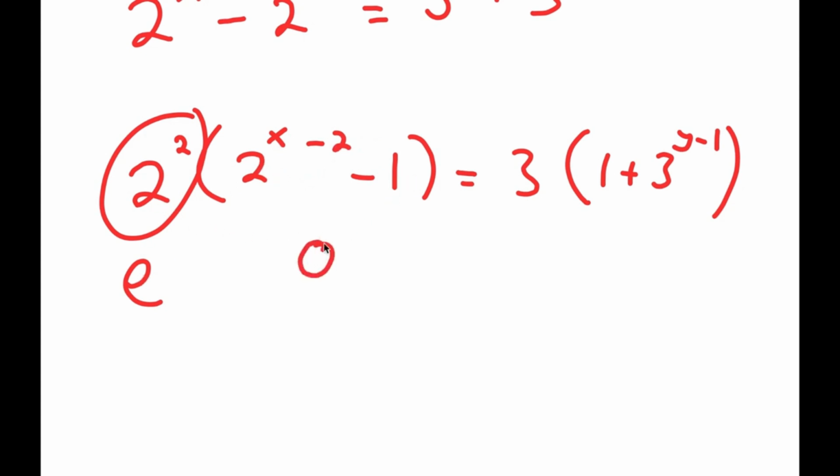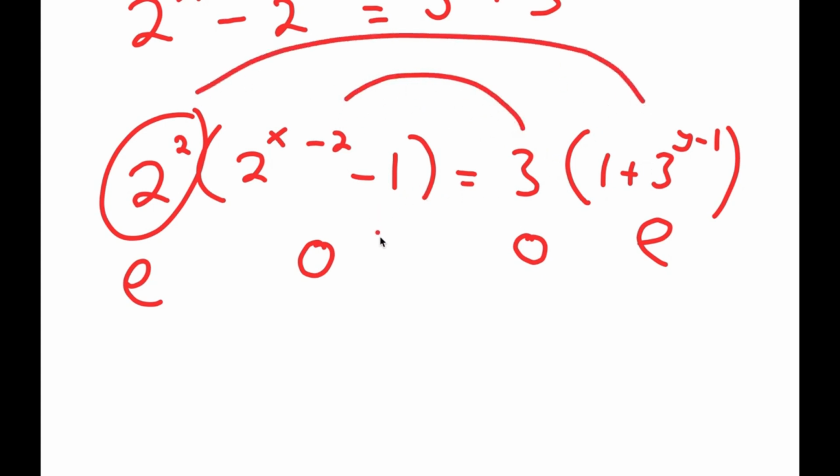So we have an even number times an odd number is equal to 3 is an odd number, times 3 to the power of any number is an odd number, plus an odd number plus 1 is an even number. So you have an even number times an odd number is equal to an odd number times an even number. Now, what I'm going to do is I'm going to set the odd numbers equal to each other, and then the even numbers equal to each other.